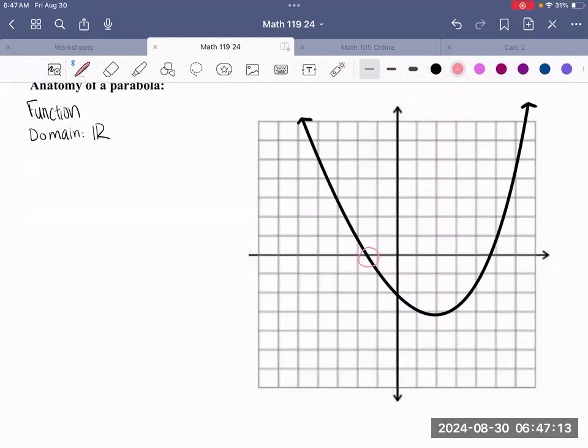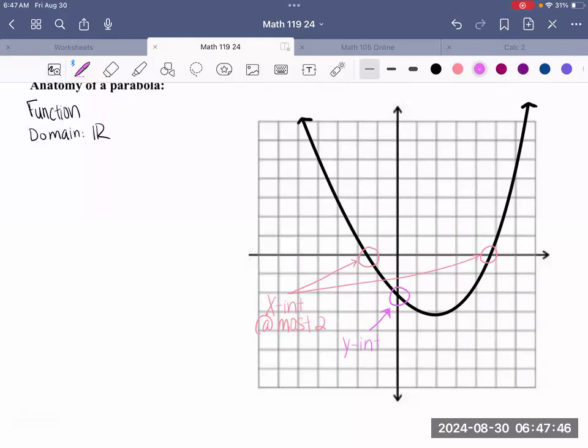X-intercepts, how many do we have? Well, your x-intercepts, we can have at most 2. So we can see your x-intercept here, and we can have at most 2. We also have your y-intercept here, being where your graph meets the y-axis.